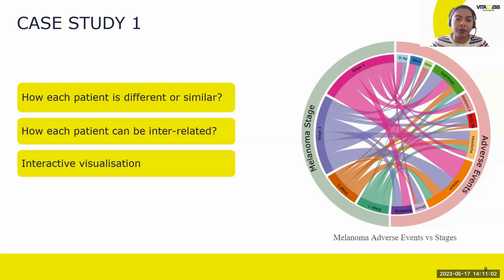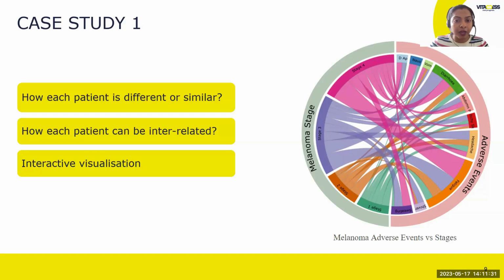This is data from one of our studies, the Melanoma UK app study, where we wanted to put together both the adverse events reported by the patients and the stages of melanoma they were currently on, using a chord diagram which shows different adverse events reported by the patient at each stage of melanoma.